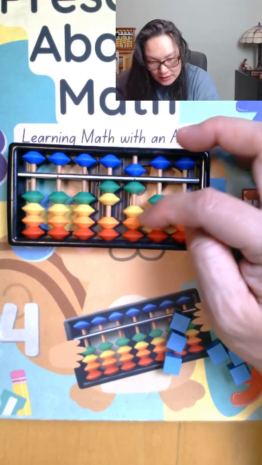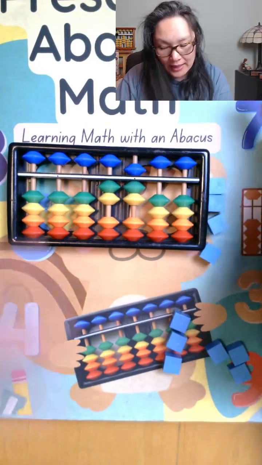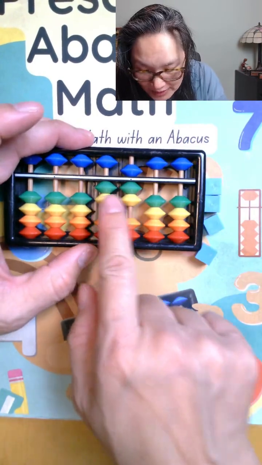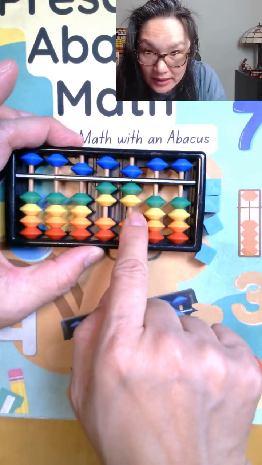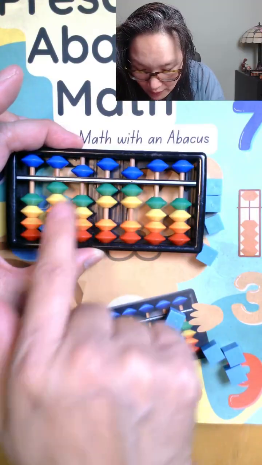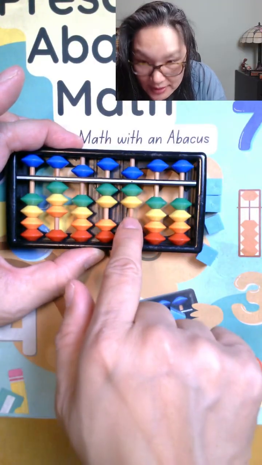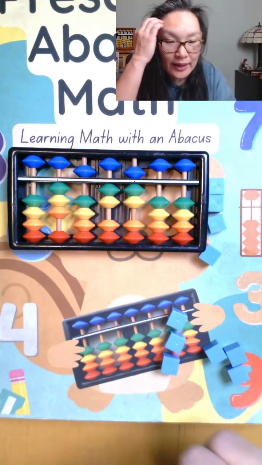After 26 is 27. This is just learning how to read the abacus. So we have 27, and then if I did this, it'd be 527. Make sense? And then if I add these two, it'd be 3,527. Make sense? Yeah?